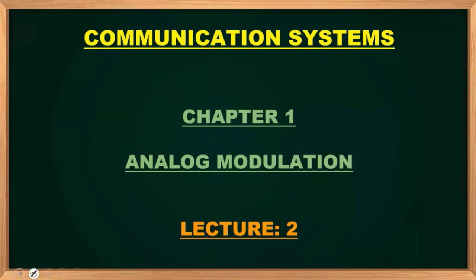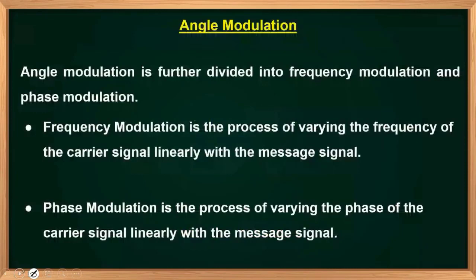So we are starting with the topic angle modulation. Angle modulation is the second type of modulation. We have already discussed analog AM modulation, which is called linear modulation. So AM is linear modulation. In this session, we'll start with angle modulation, which is a non-linear modulation.